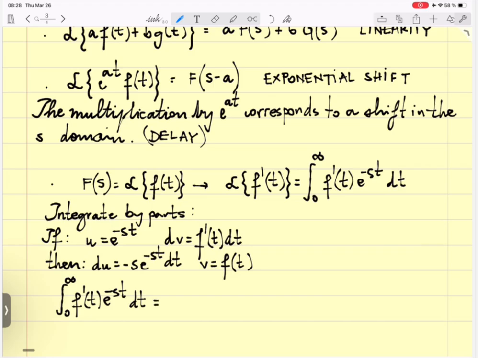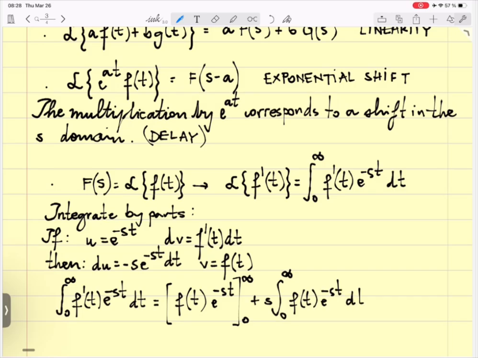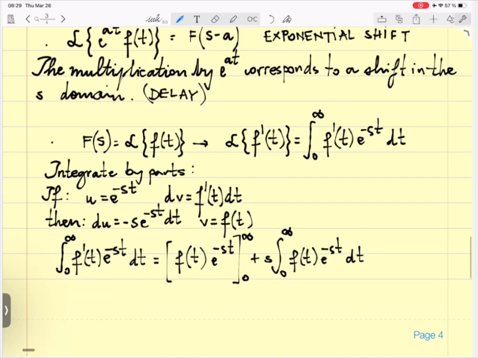equals, because of the integration by parts, the function between 0 and infinity plus s, the integral between 0 and infinity of f(t) e to the minus st dt, okay?